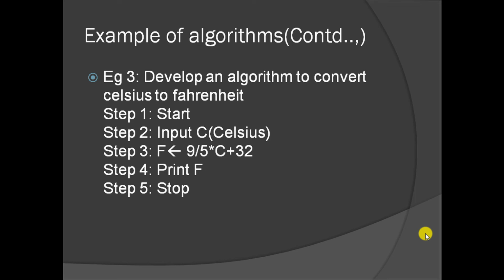By using that formula, we are converting Celsius to Fahrenheit. Whatever the result, we store it in the F variable. In step number 4, we are printing that Fahrenheit value, and in step number 5, we are stopping the algorithm.